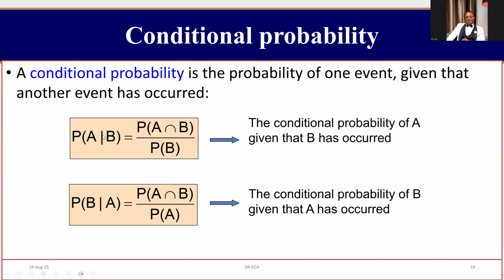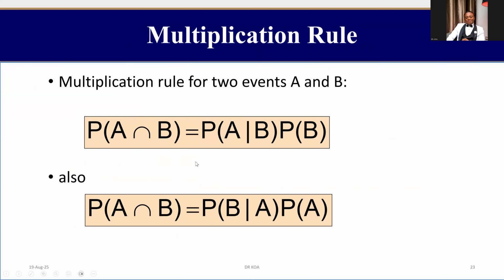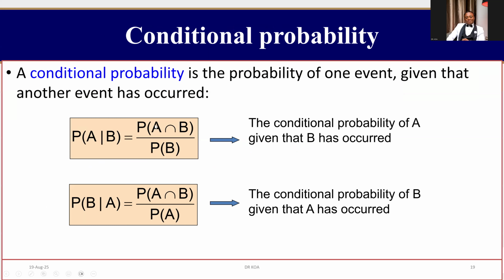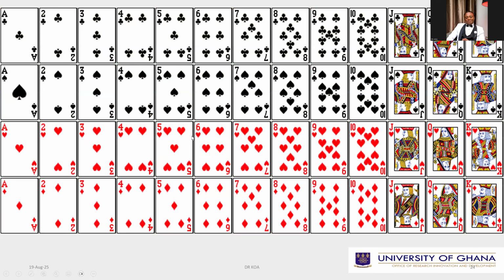The probability of A given B cross multiplied by the probability of B gives the probability of A intersection B. The multiplication rule says that the probability of A intersection B is the probability of A given B multiplied by the probability of B. So it's just cross multiplying the conditional probability and you have the multiplicative rule. Guys, are you with me?